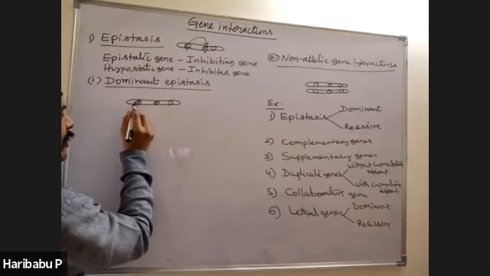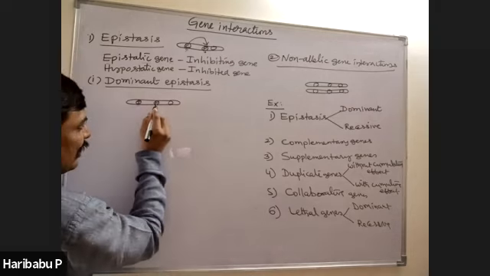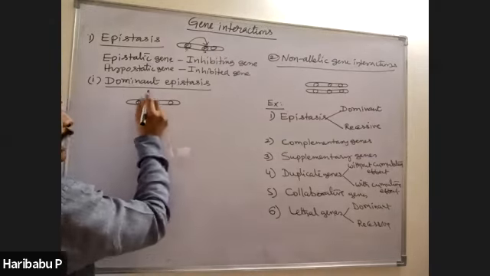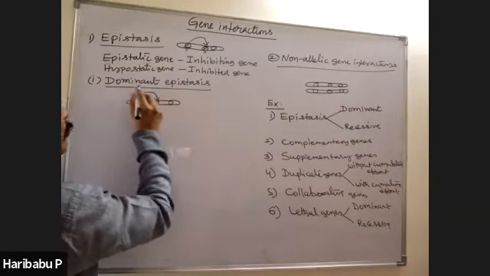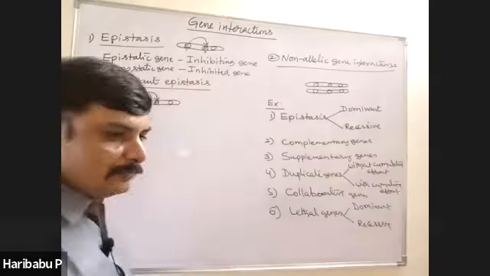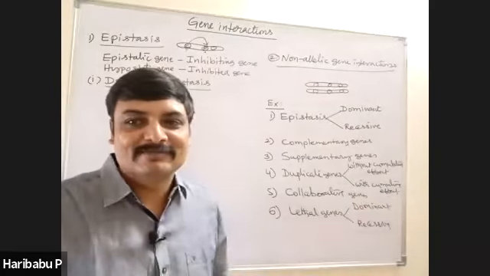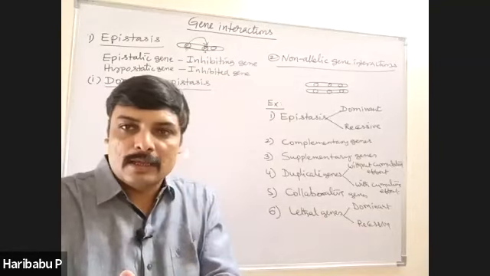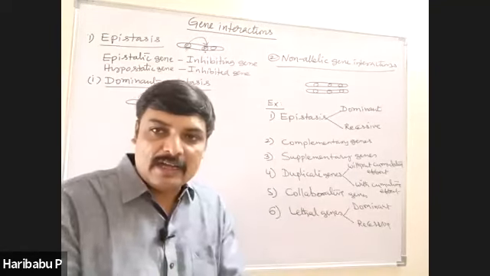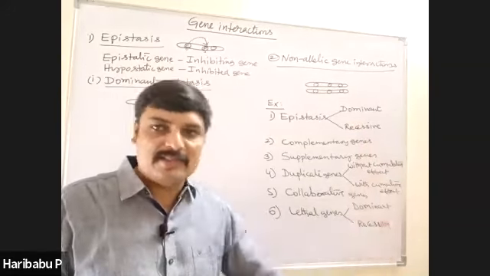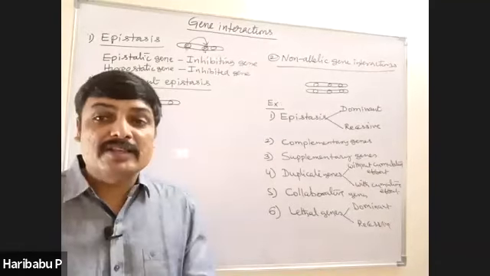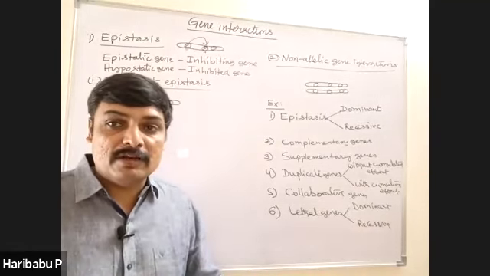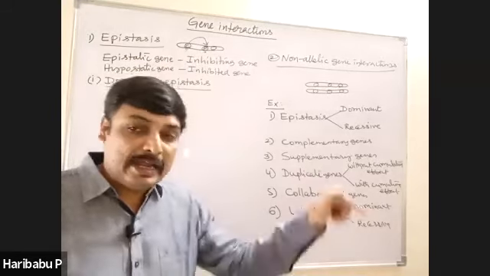If one dominant gene at one locus inhibits the expression of another gene, whether it is dominant or recessive, it is called dominant epistasis. One dominant gene at one locus inhibits the expression of another dominant or recessive gene at another locus.